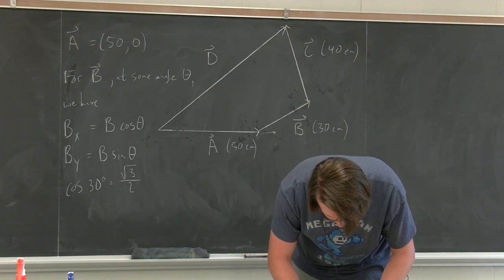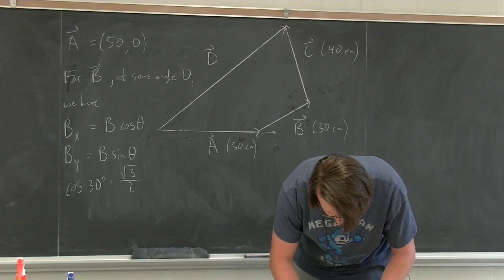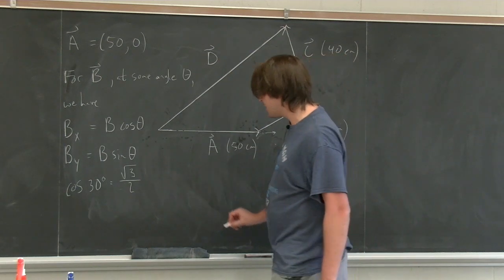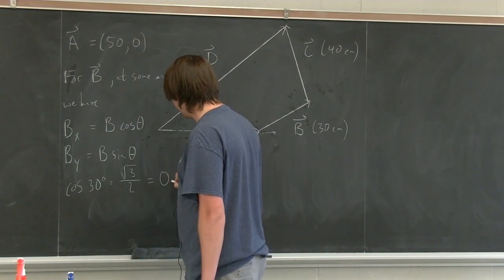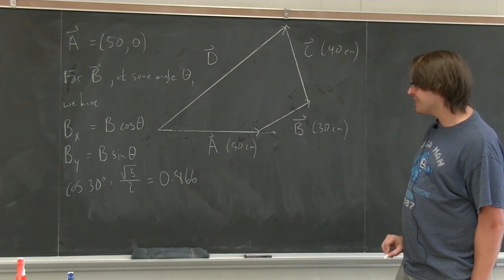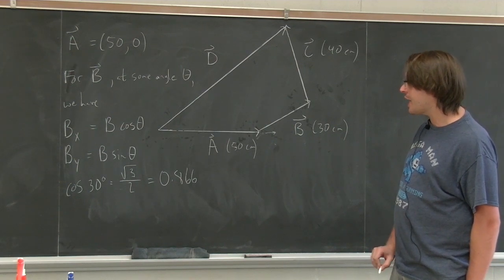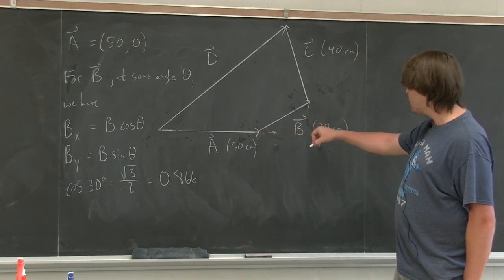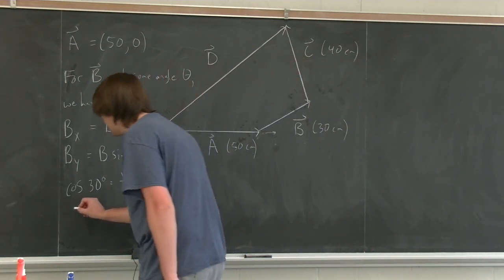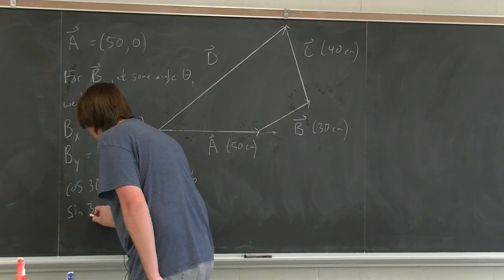Yeah, 0.866. Look, you're way off. So cosine of 30 degrees is 0.866. So for the x component of B, we just have 30 times 0.866. And then for the y component, that's going to be 1/2. Sine of 30 is 1/2.